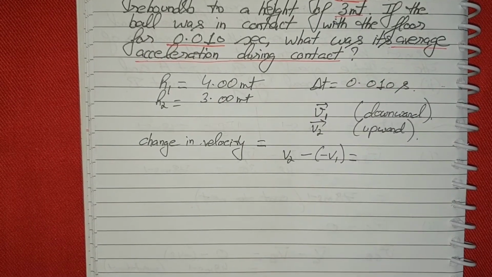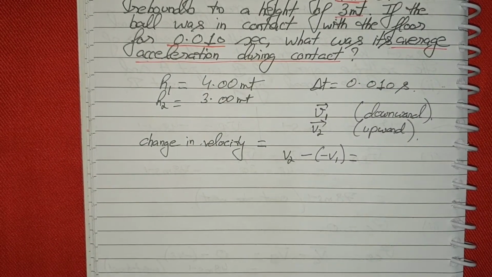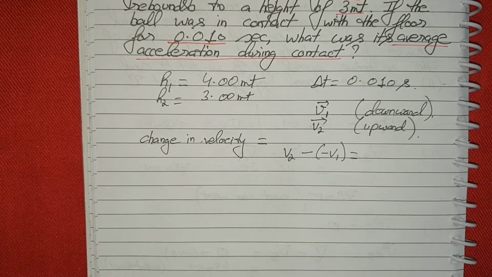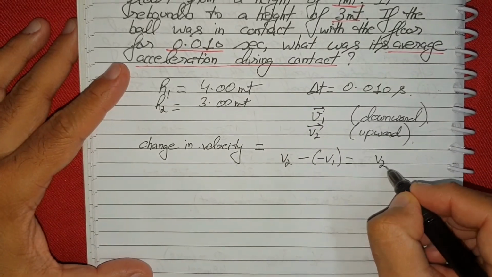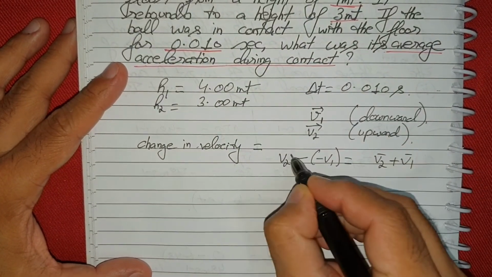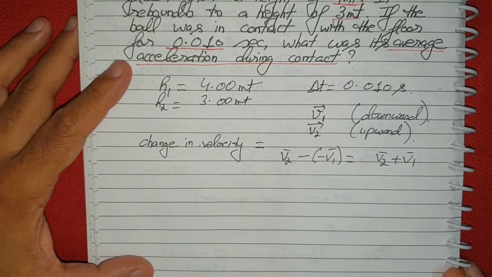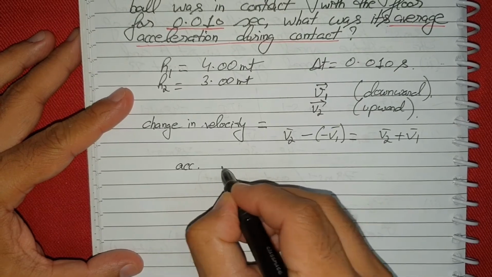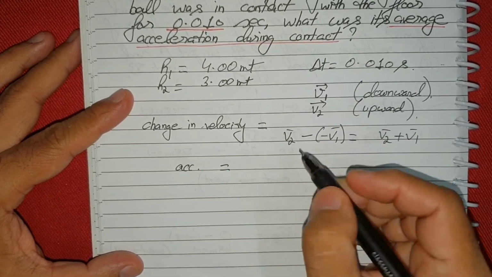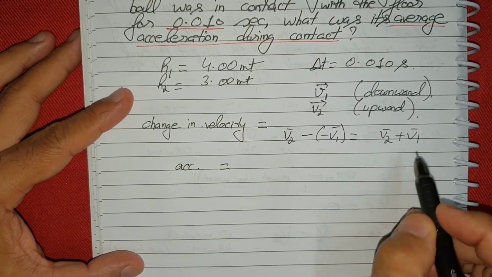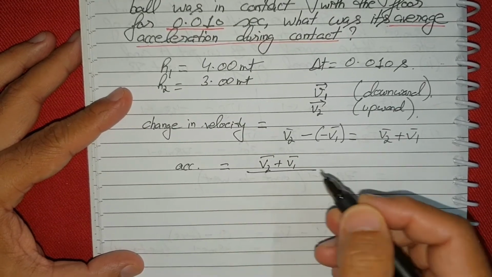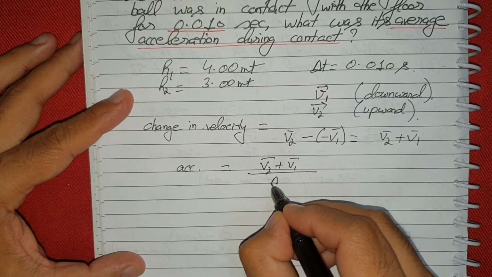Why minus of minus v1? Because one is going upward, the other downward. Basically, they are opposite to each other. So if we take one sign as positive, the other has to be negative. So this is v2 plus v1. Now the acceleration is the change in velocity upon time interval, which is v2 plus v1 upon delta t.